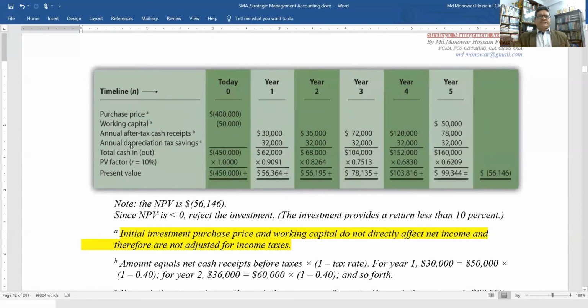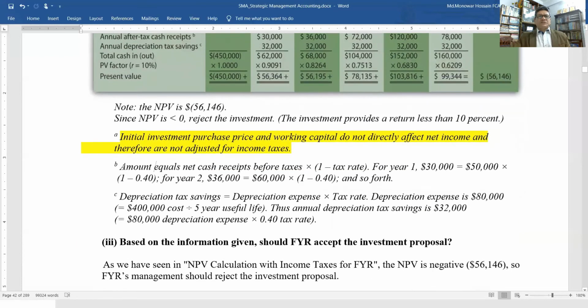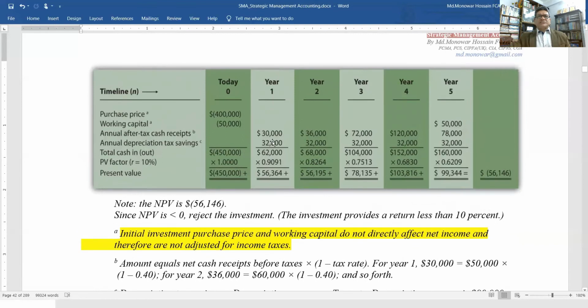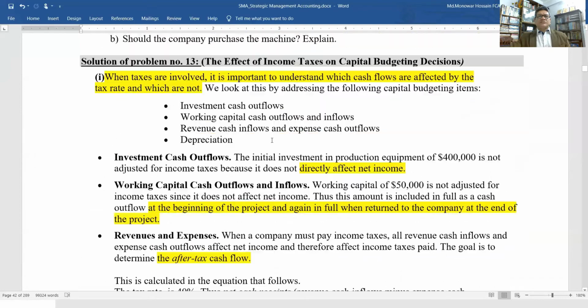Annual after-tax cash received equals net cash received multiplied by 1 minus the tax rate. For year 1, 30,000 equal to, then second year, third year. This way, the calculation.